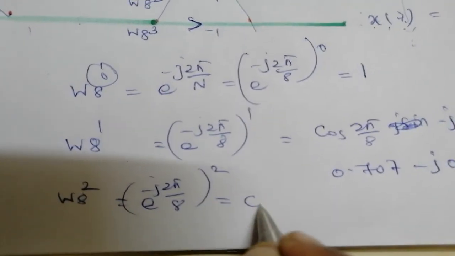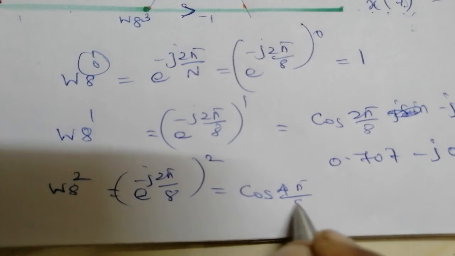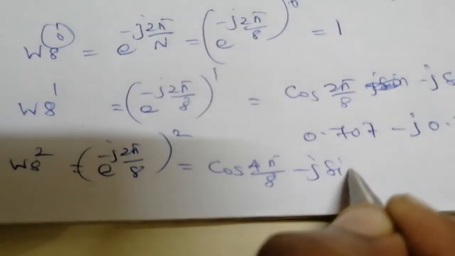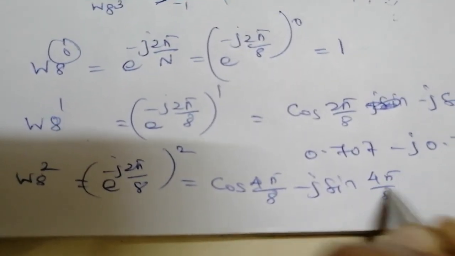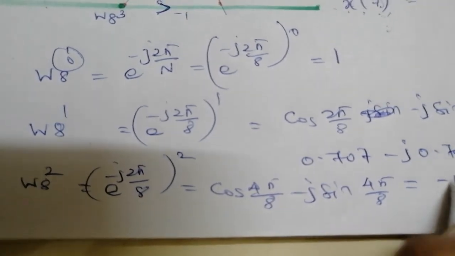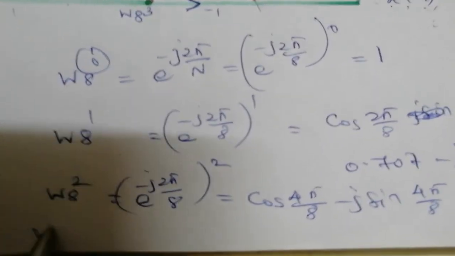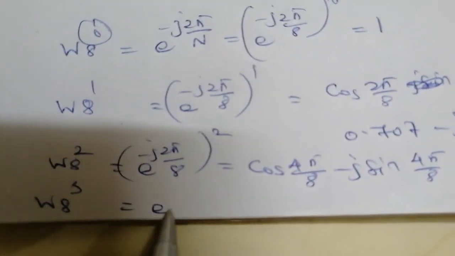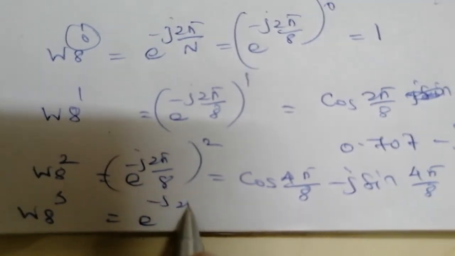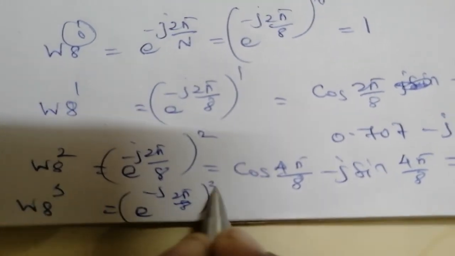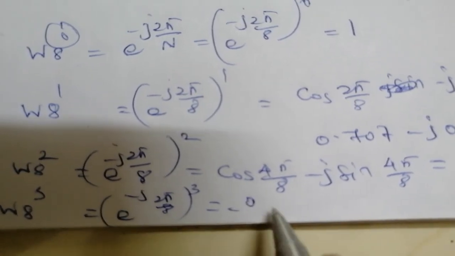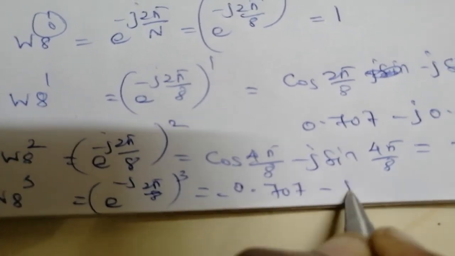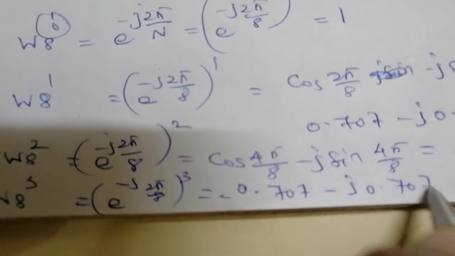So cos 4 pi by 8 minus j sine 4 pi by 8, whose value is minus j. Likewise W8 power 3: e power minus j 2 pi by 8 power 3. The value is minus 0.707 minus j 0.707.